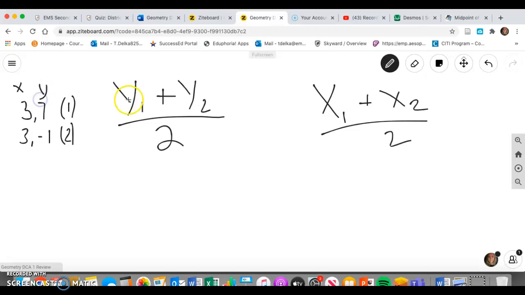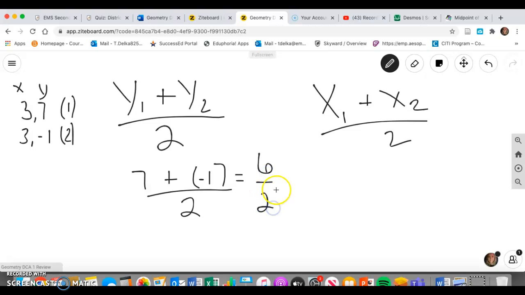I'm going to add these together. So 7 plus -1, divided by 2. You can do it on the calculator or using mental math. But 7 plus -1 is just going to get me a 6. And then I divide that by 2, and I get 3.